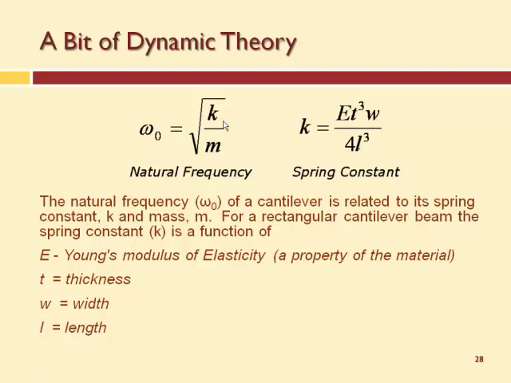Slower, longer. It may not even bounce at all. It may stretch and stay at the bottom. But if you have a weak spring, that means K is small. That means your resonant frequency is going to be lower. K goes down, omega goes down. It goes down with the square root.